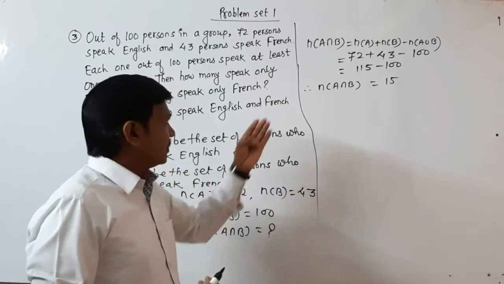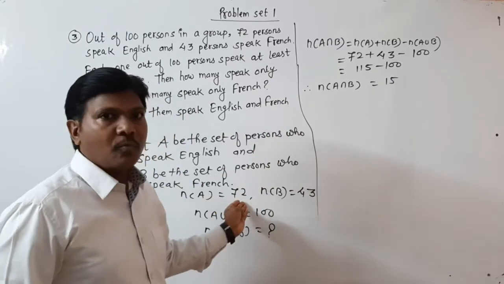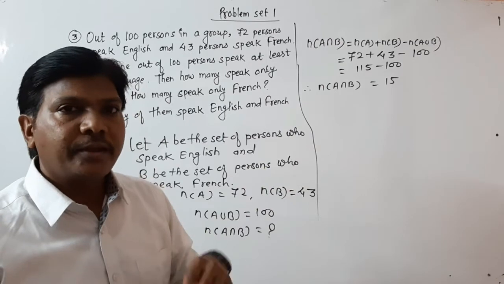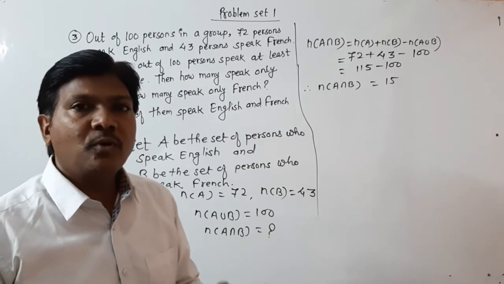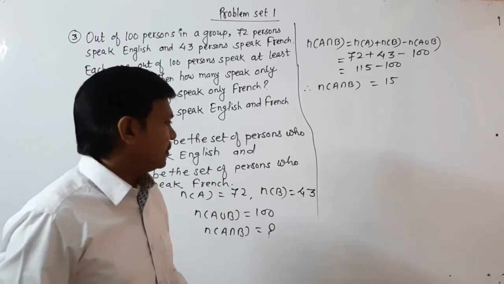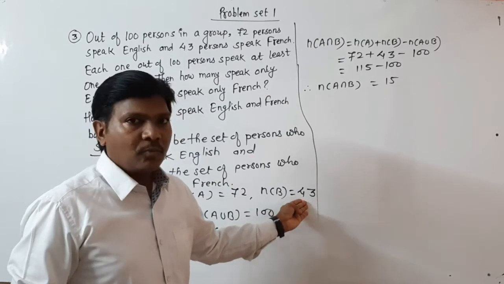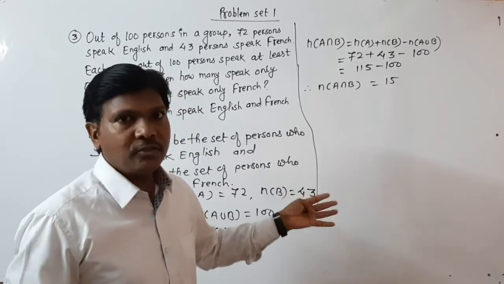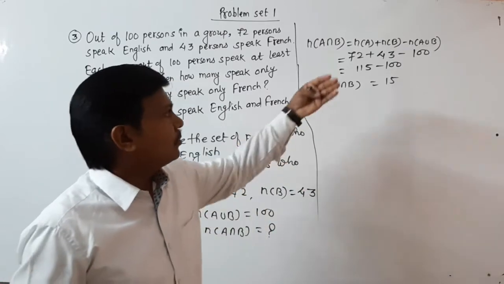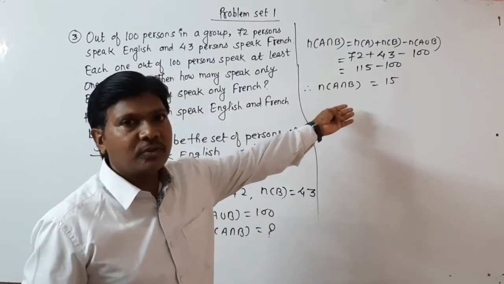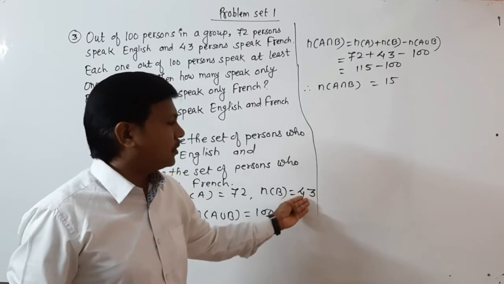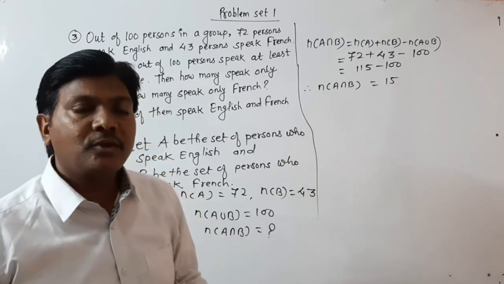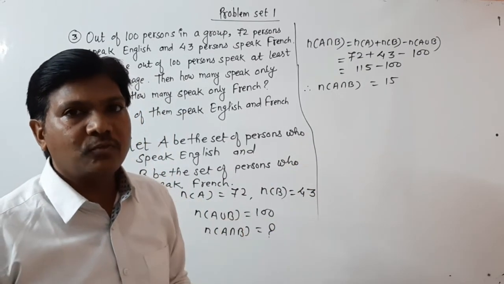So we subtract this 15 from 72, which gives the number of persons who speak only English. Similarly, the total number of persons who speak French is 43. But in this 43, 15 students know both languages. So again we subtract 15 from 43, which gives the persons who speak French only.